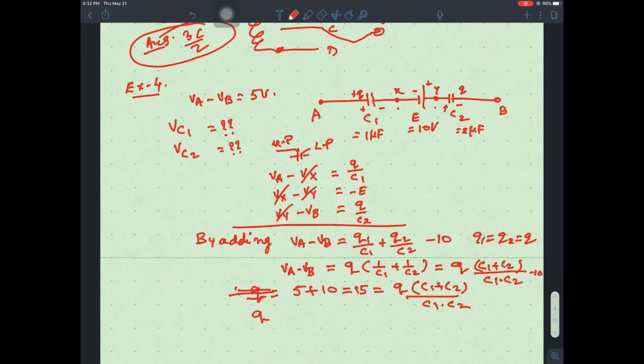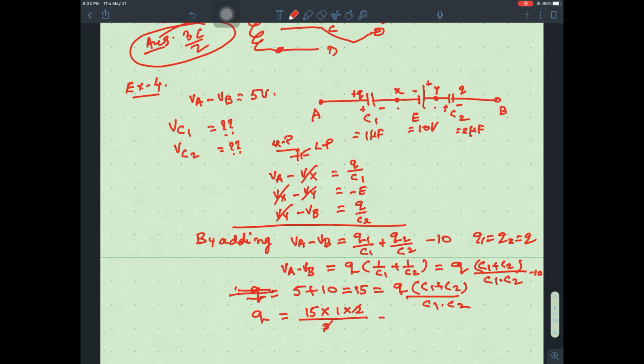So Q equals how much? Q equals 15 into C1 C2 by C1 plus C2. C1 is 1 microfarad into 2 microfarad, divided by C1 plus C2, which is 3 microfarad.